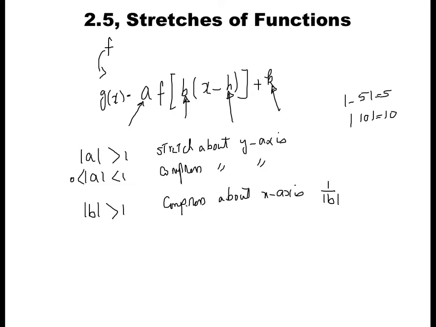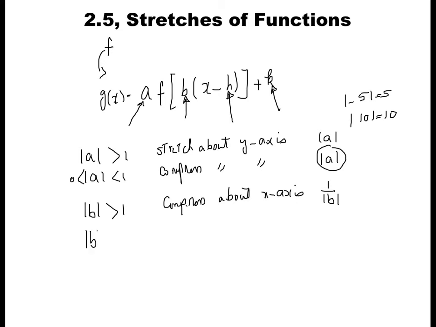Here, the stretch and compression about the y-axis was by a factor of absolute value of a. You are going to stretch by a value which is equal to absolute value of a. You are going to compress about the y-axis by a value, absolute value of a. But when we go about the x-axis, the compression and stretch is going to be 1 over absolute value of b.